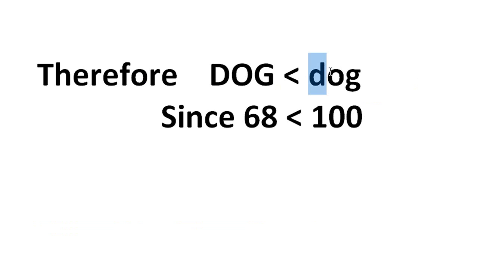Now, if this happened to be a capital D, the first two letters are the same, but then I would compare the second two letters. And a capital O is going to be less than a lowercase o. Rule of thumb is uppercase letters are always less than lowercase letters.